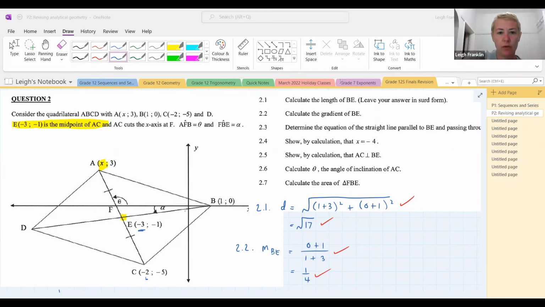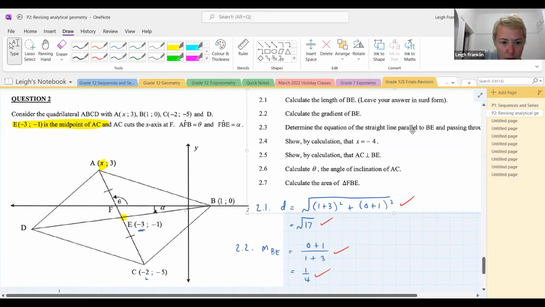What would we do here? What are your suggestions? Ma'am, yes. For this question, wouldn't we find the gradient of AC and then say the gradient of AC times the gradient of ED is equal to -1?